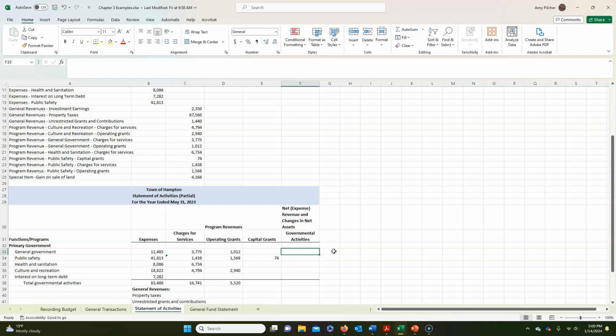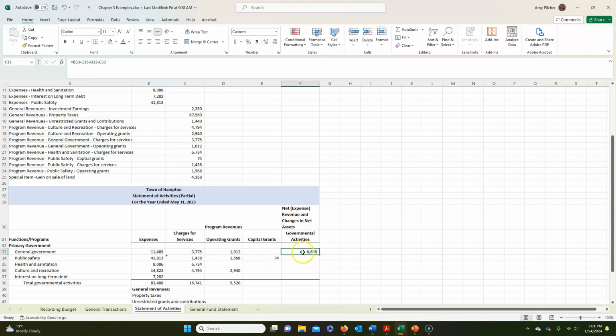Okay, so in this last column, what we do is expenses minus revenues. This seems opposite. Normally we'd do revenues minus expenses and see what's left, but on this form we do expenses minus revenues to see how much it costs in different governmental activities. So we're going to take expenses minus charges minus operating grants minus capital grants.